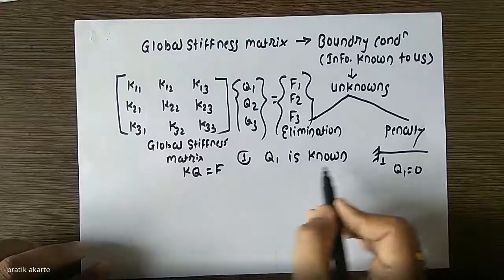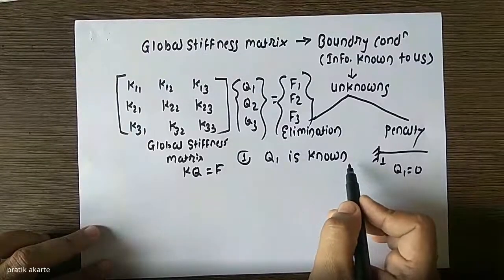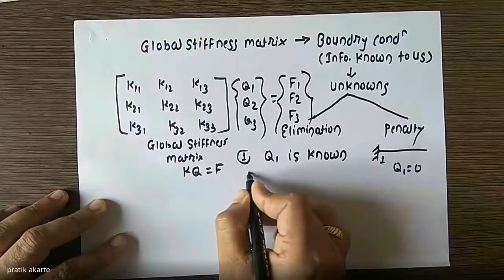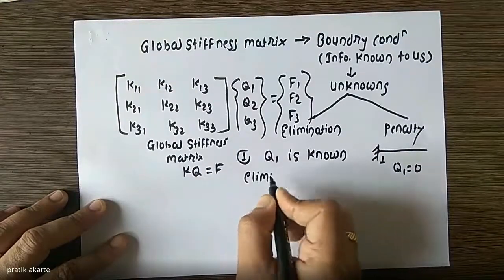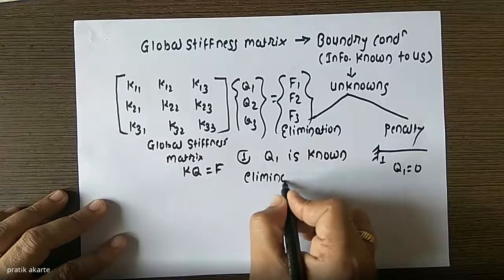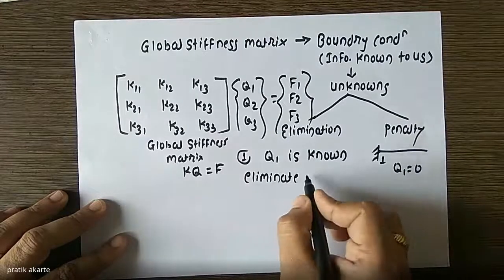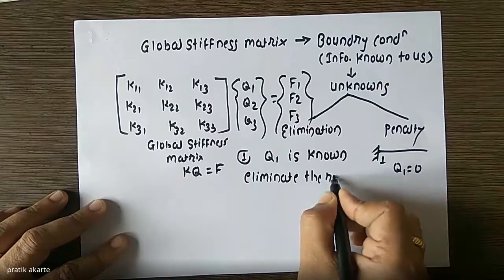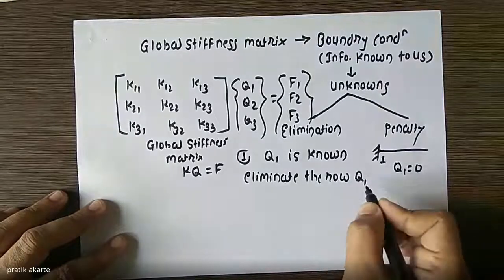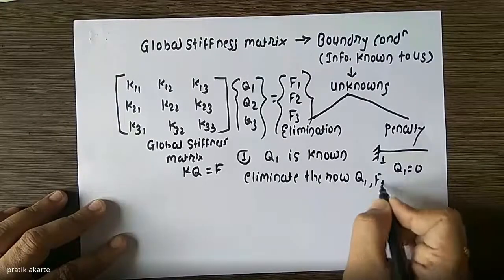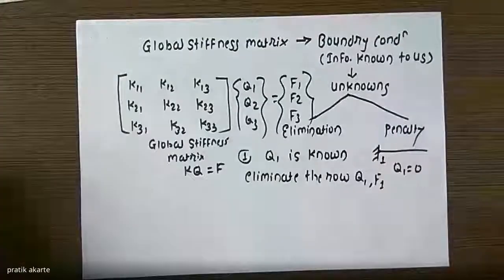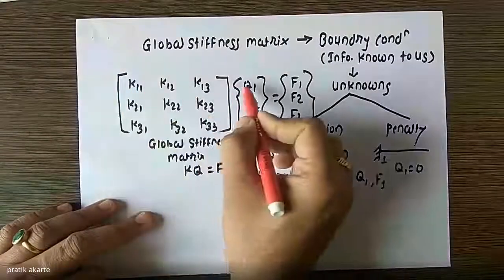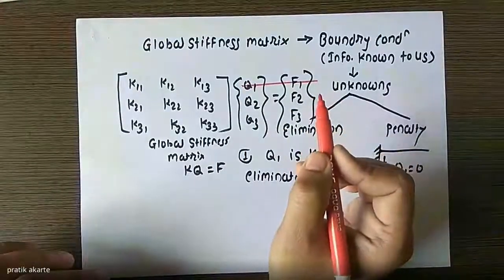Since we know Q1, we first have to eliminate the row of Q1 and F1. So we are eliminating this row, Q1 and F1.